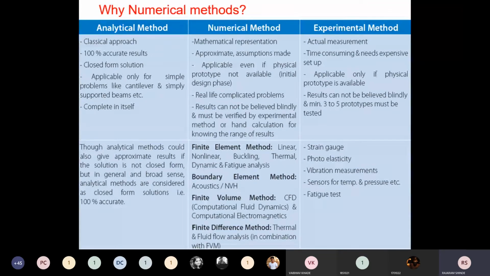Those methods of direct integration for solving differential equations are used in the analytical method. Are you getting this? Why is it known as a classical approach? Because we calculate direct integrations, and by calculating them we solve the differential equations.